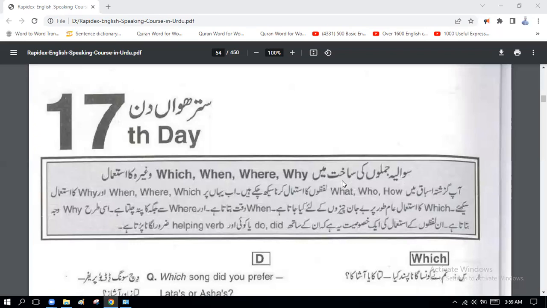I must tell you that our teaching method is minimum instructions, maximum practice, because speaking comes from speaking, and you need to listen to English, and you need to speak English as well. All right. So question words are why, where, when, what, how, who, whose, whom, which.